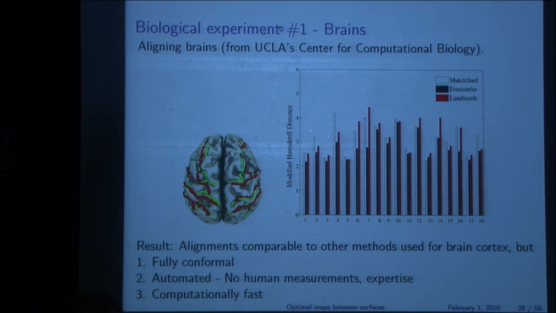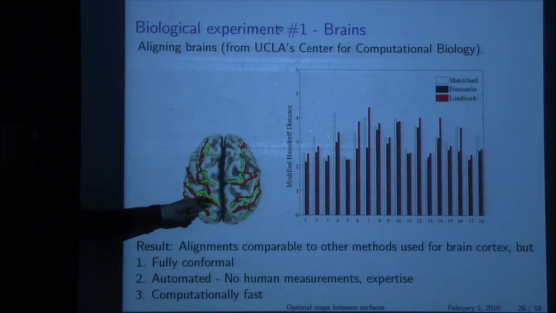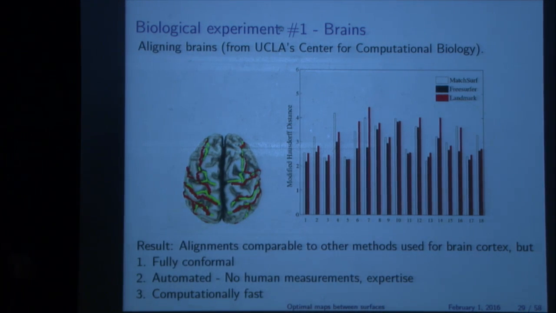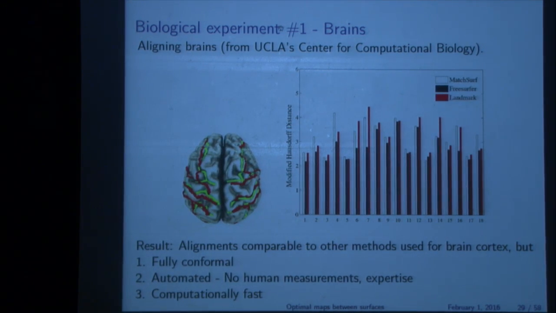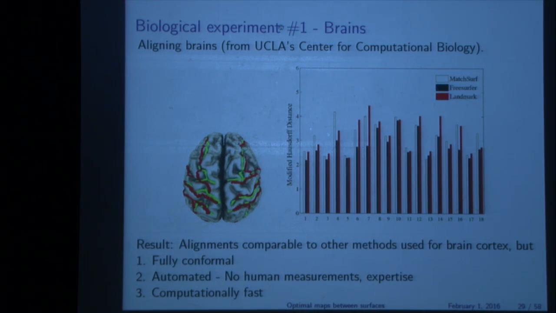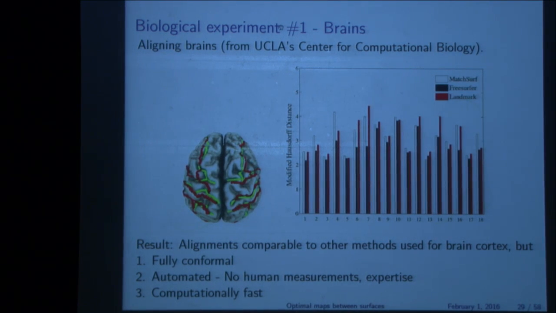It's very computationally fast. And also our method is angle preserving, whereas their methods generally aren't. So you might think that we pay a penalty in making an alignment by requiring that angles be preserved. But this shows that there's no significant penalty in requiring the alignment not to be an arbitrary diffeomorphism, but a conformal diffeomorphism.